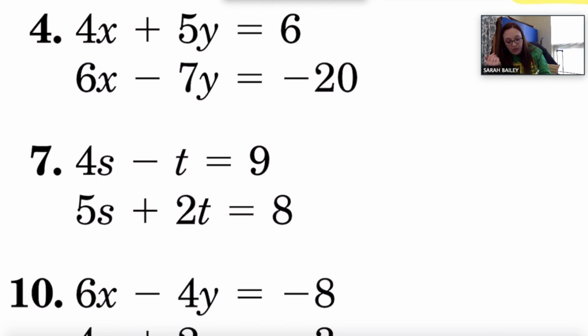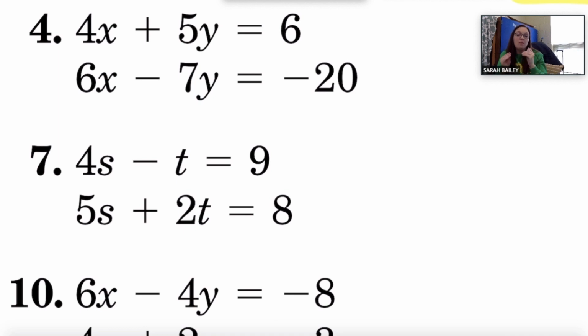However, I do see that the y's have opposite signs. So let's let the y's cancel. How could I get the y's to cancel? Well, I've got a positive 5y and a negative 7y. So think about least common multiple. Remember that way back when? You probably learned about least common multiple at least in 6th grade, if not before.